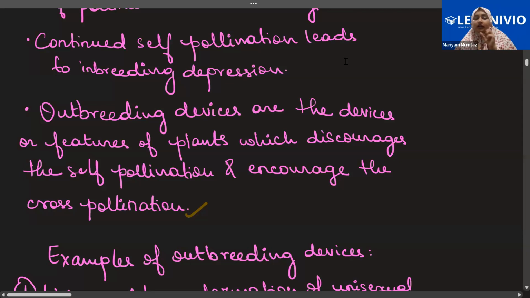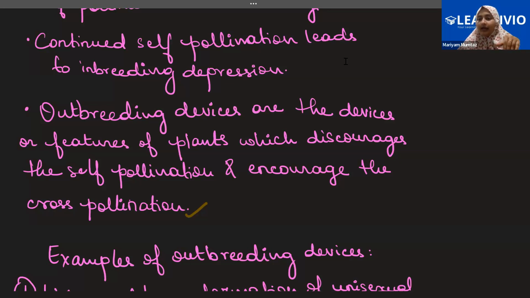Exactly. Because the source of pollen is different, right? Because here it is a different plant and a different flower. So the pollen which is coming can be from a different flower or a different plant altogether. So it brings along its own characters to the female part, right?